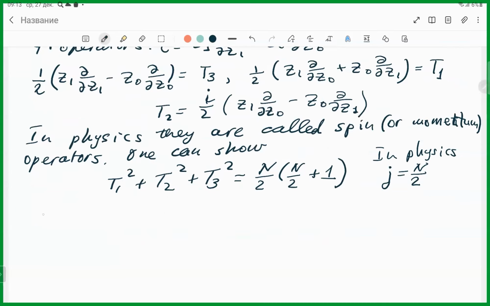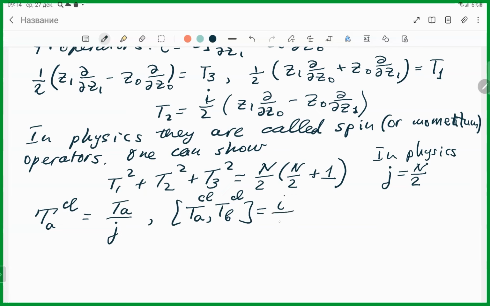Now, we also introduce the classical operators TA classical, that is TA divided. The question is how to divide. Probably it's better to divide not by n but by j. In this case, one can show that TA TB classical is i divided by j epsilon ABC TC classical.